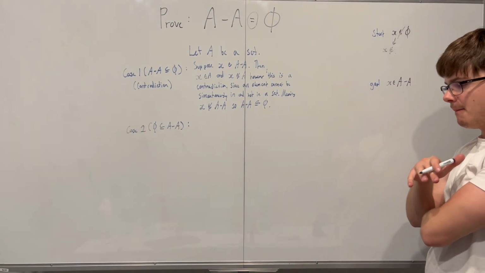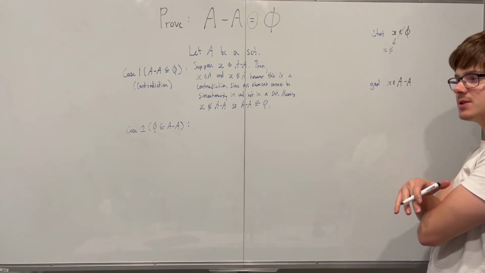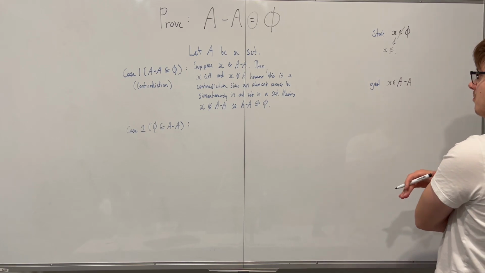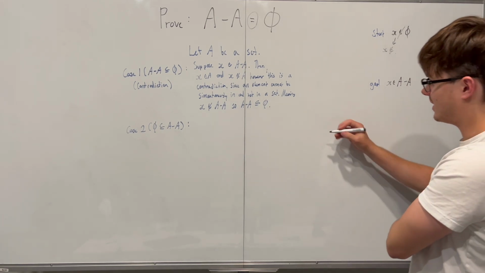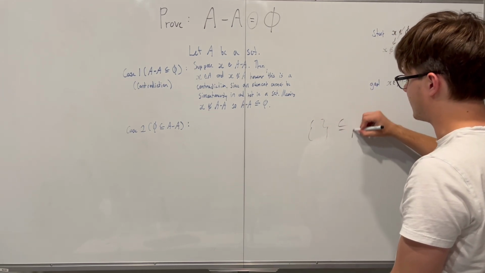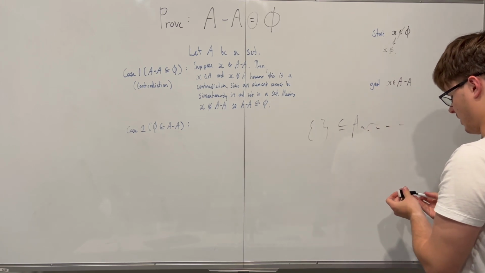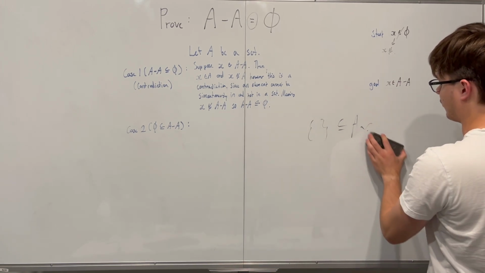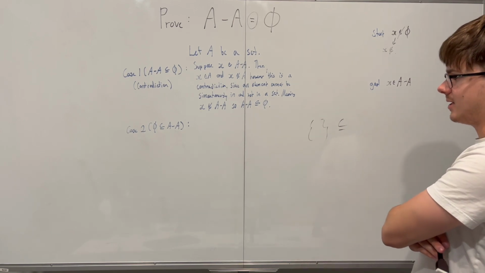I'm thinking maybe we can use the fact that the empty set is always a subset of any set. That seems right, since it's true in sets that the empty set is always a subset of anything. It can be anything here, right? Could be A union, and so on and so forth. The empty set is always going to be a subset of any set.